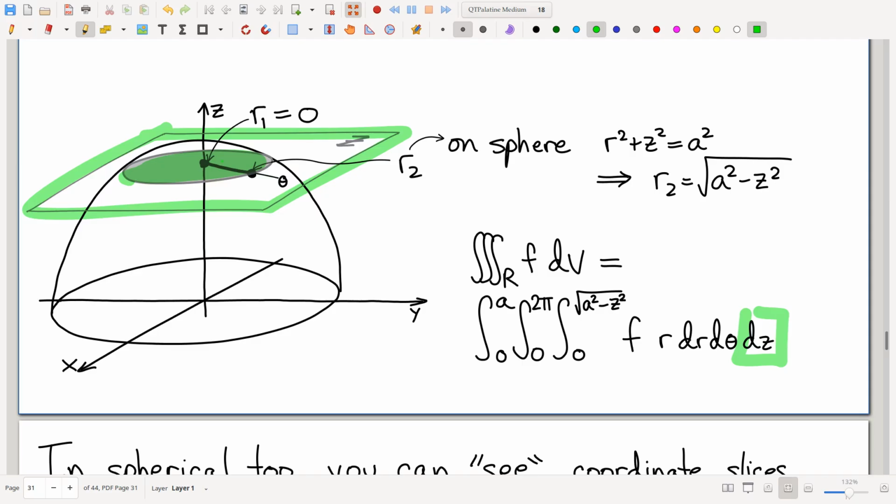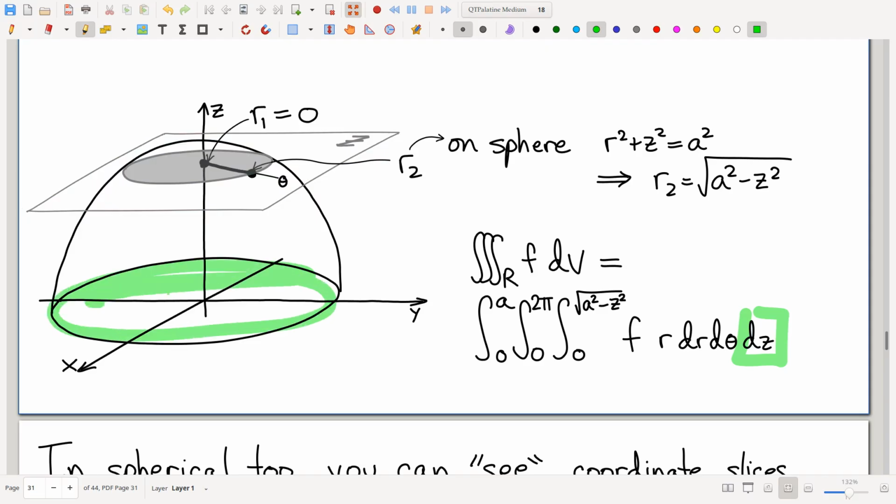Now again, we've got to play games and think about the first and last. So the first slice is going to be down here where z is obviously 0. So again, get lucky sometimes, score. And then also the last slice, different kind of lucky.